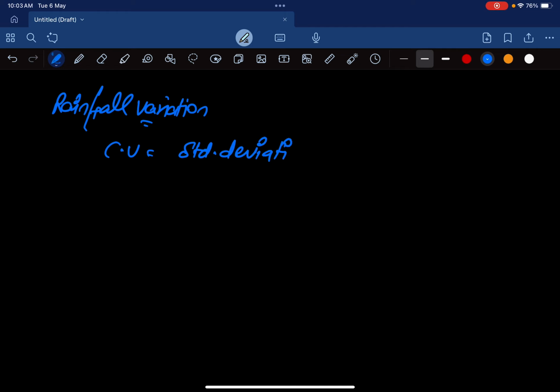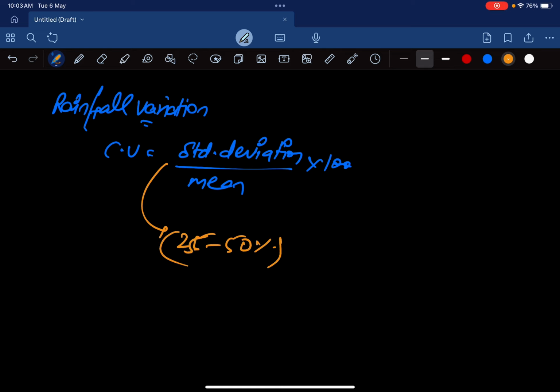If we talk about rainfall variation, which means how much the rainfall varies over in a particular year, it is denoted by coefficient of variation, and its formula is standard deviation upon mean into 100. In India, its value ranges from 25 to 50%. जितना कम होगा that means it varies less. तो less than 25% variation किस किस में है भाई?